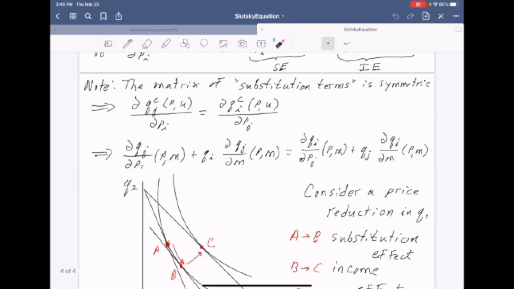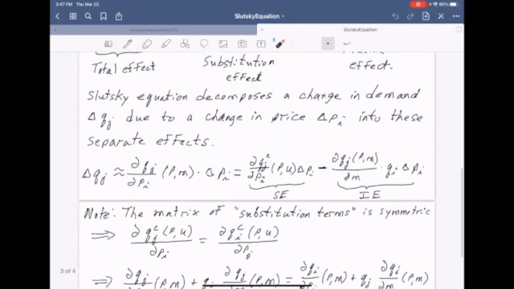We can reword that as follows: the partial of the ordinary demand for J with respect to Pi plus the ordinary demand for I multiplied by the partial of the ordinary demand for J with respect to budget is equal to the partial of the ordinary demand for I with respect to Pj plus Qj multiplied by the partial of Qi with respect to M. So in other words, we've just taken these terms and substituted the right-hand side of the matrix up above.